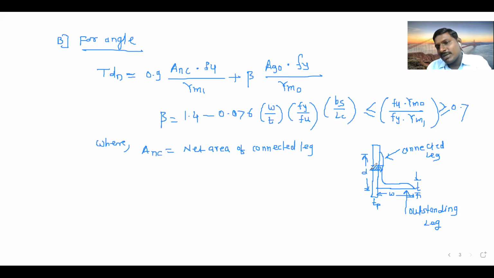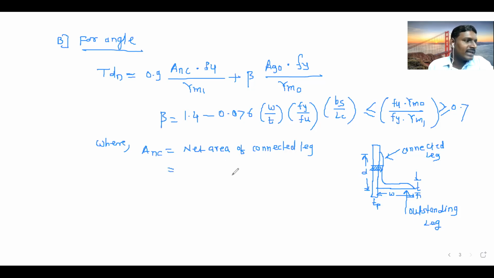The net area, what does it mean? We have to deduct the hole. Net area means we have to deduct the hole. So here, how to calculate net area of connected leg?